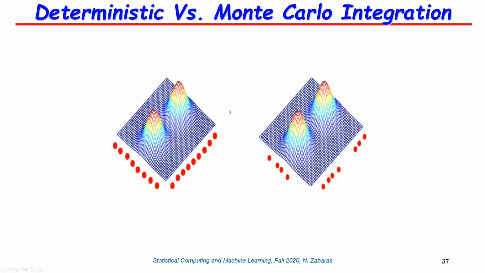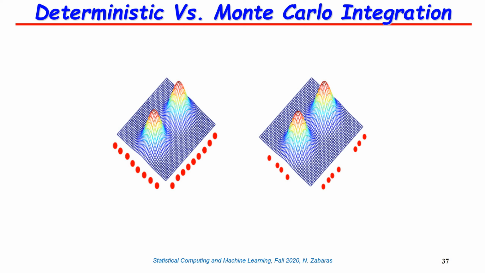So you need a grid of discretization points delta x and delta y. But when you try to do this with Monte Carlo, you will use the Monte Carlo approximation of this underlying distribution, and because the mass of this distribution is concentrated here, the samples will look like this. You can see you don't need a grid.